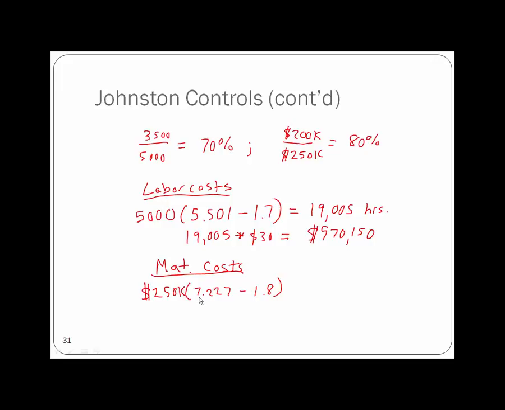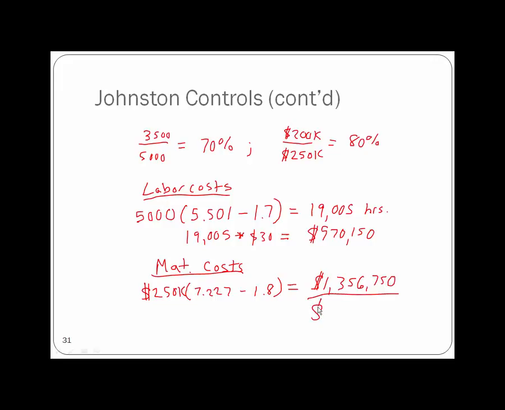So the cost of the first unit times the factor describing the cumulative cost for the first 12 minus the cumulative cost for the first 2. This gives us a cumulative material cost for units 3 through 12, and that comes out to be $1,356,750. That's our rough estimate.